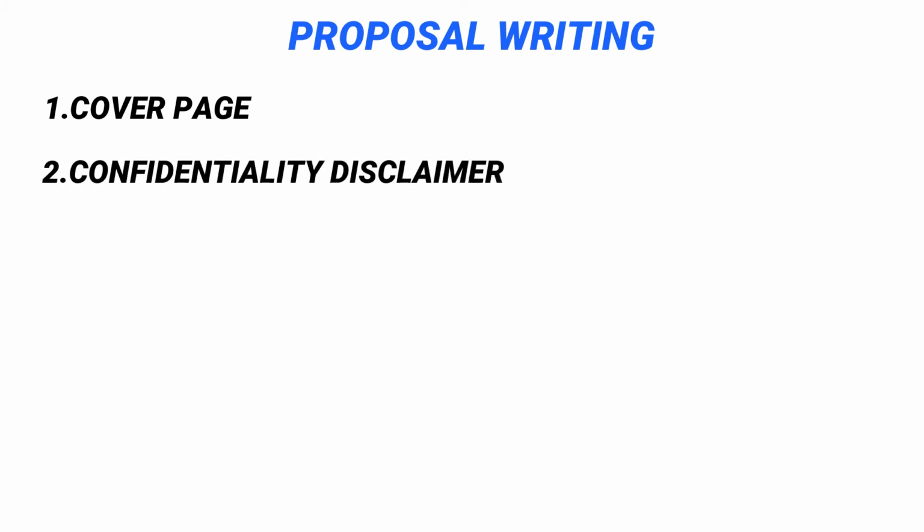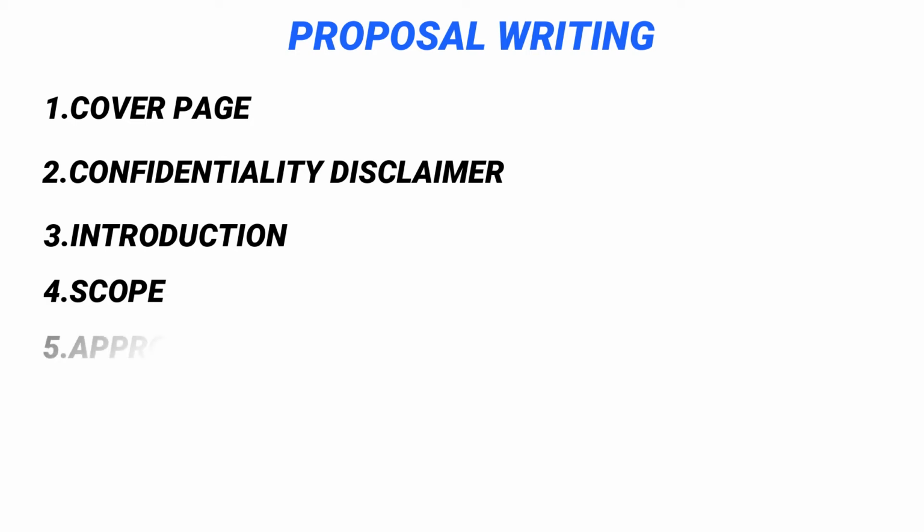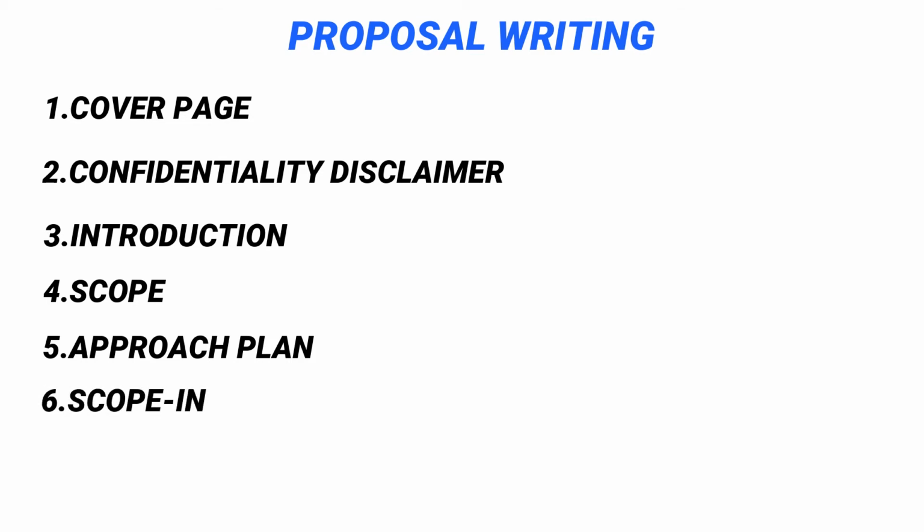So friends, to summarize: cover page, confidentiality disclaimer, introduction, scope at a macro level, then your approach plan, which is how you are going to do this particular project, scoping at a micro level, where you tell what the various things are you are going to cover as part of this project, and scope out what you are not going to do as part of this project.